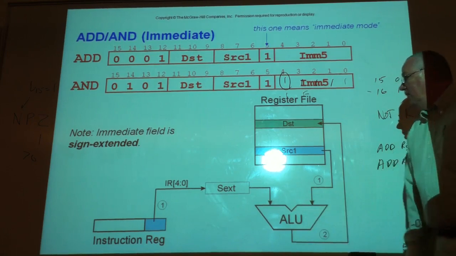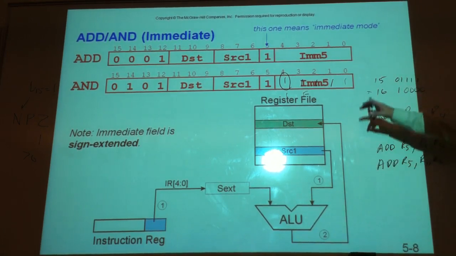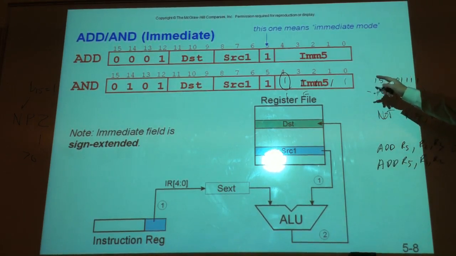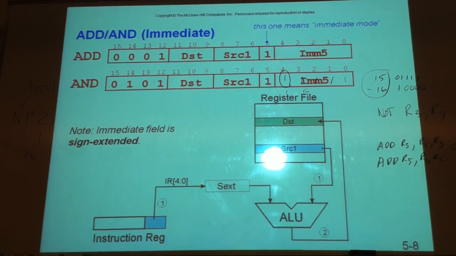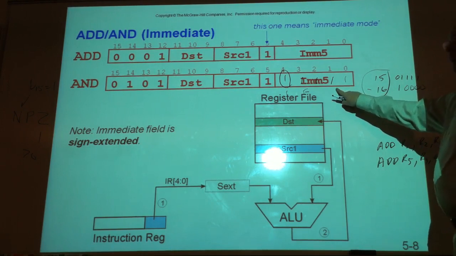So you can use immediate adds and ands. The thing you have to be careful with is that's all the bigger a number you get. I'm just trying to understand the difference between immediate and register, because immediate comes from somewhere else. No, immediate, this number is embedded right into the instruction.